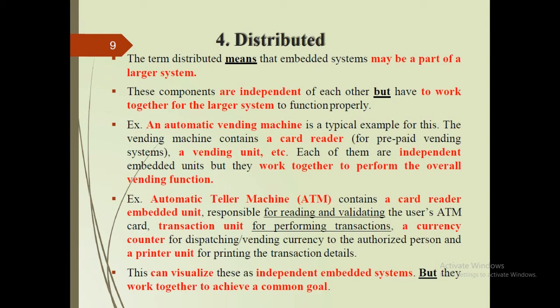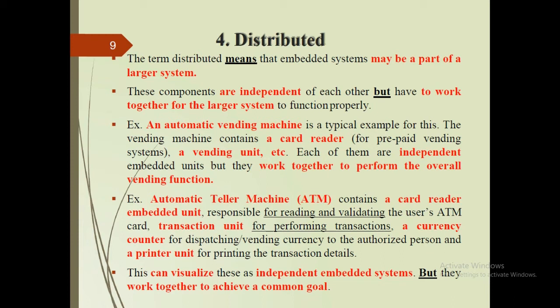Distributed. The term distributed means the embedded system may be a part of a large system. These components are independent of each other but have to work together for the large system to function properly. Examples are automatic vending machines and automatic teller machines.